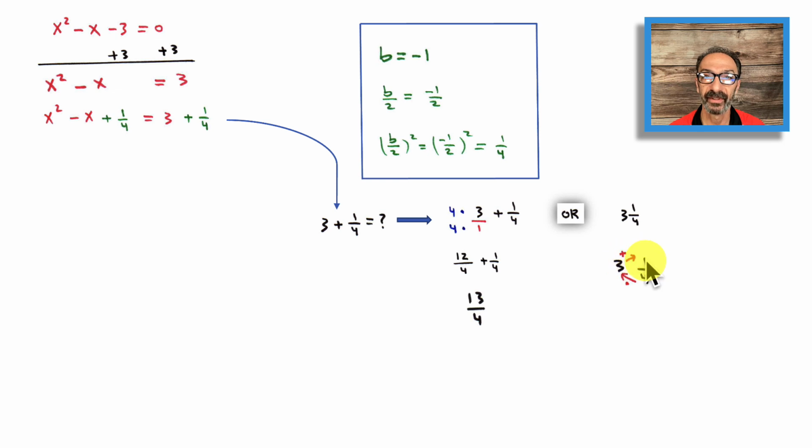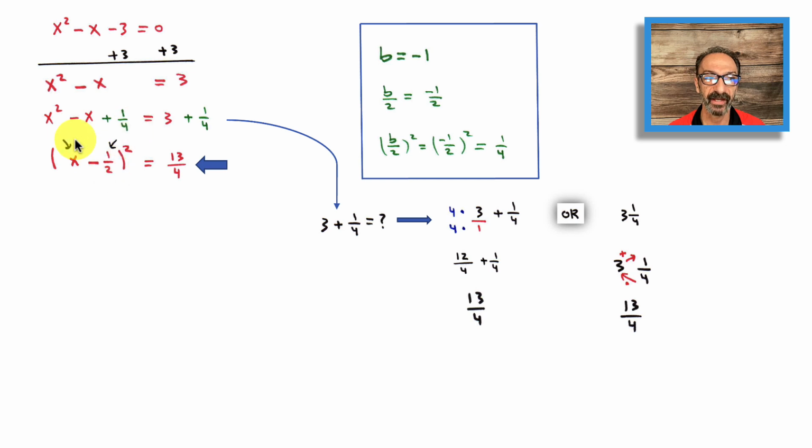Add 1, that's 13, 13/4. That's a quicker way if you want. Let's go back to the problem. So the right hand side is 13/4 and the left hand side is a perfect square with a minus in the middle.